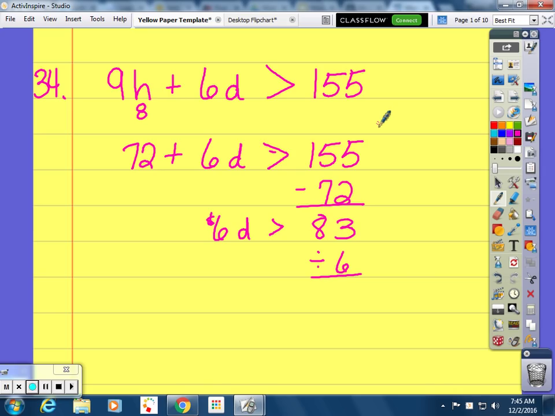Now you cannot make 13.8 deliveries, so this answer is going to be 14. He must make 14 deliveries. So if he makes 14 deliveries, this is going to be $72, plus $84, so this is $156. He has made more than his $155.